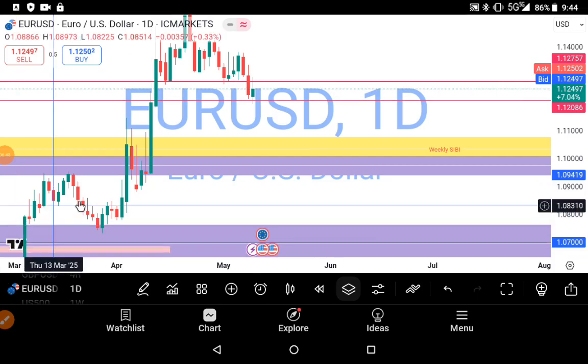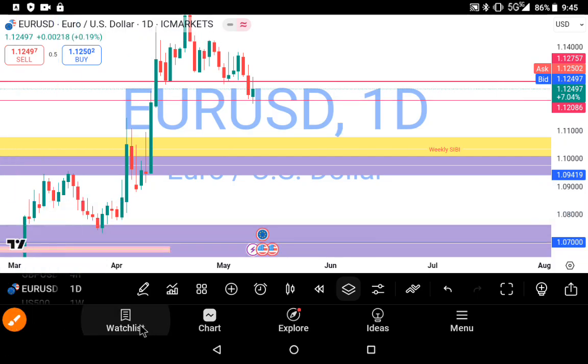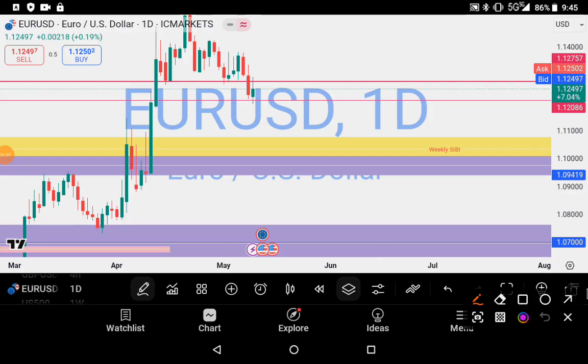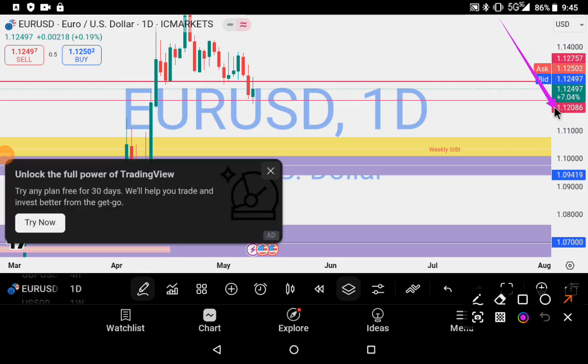This was my resistance level. I was expecting 1.12757 to remain a resistance. As long as that remains a resistance to the market, then I'll be watching 1.12086 as the lowest hanging fruit.